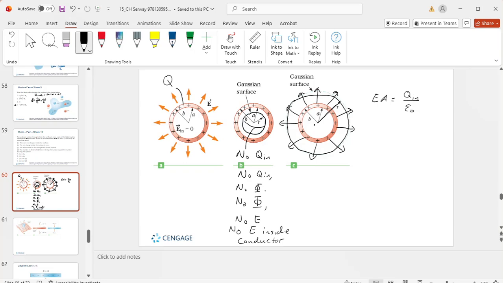But again, if my shell is spherical, then it would make sense for my Gaussian surface to be spherical. And I can write down the surface area of a sphere once again, the surface area of my Gaussian surface. And E is equal to Qn divided by 4 pi times epsilon naught times r squared. This is the electric field of a point charge.